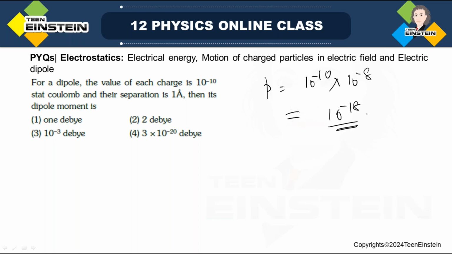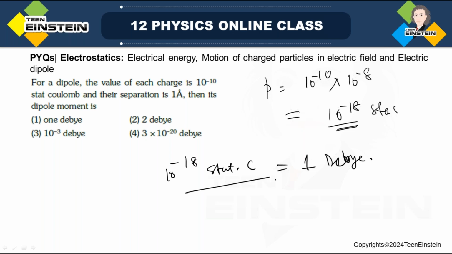So this much stat coulomb into centimeter, and 10 to the power minus 18 stat coulomb centimeter is equal to 1 debye, that is the unit itself.